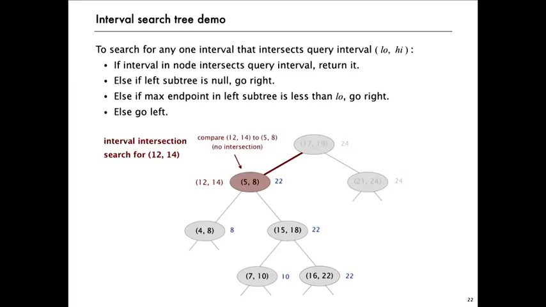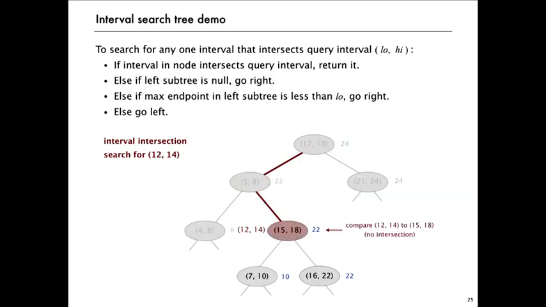Should we go left? Well, no, the maximum endpoint in the left node is 8, so we can't have an intersection there, so we're going to go right. Compare 8 to 12 and go right. So now does 12, 14 intersect 15, 18? It does not. So there's no intersection. So now what do we do? Should we go left?